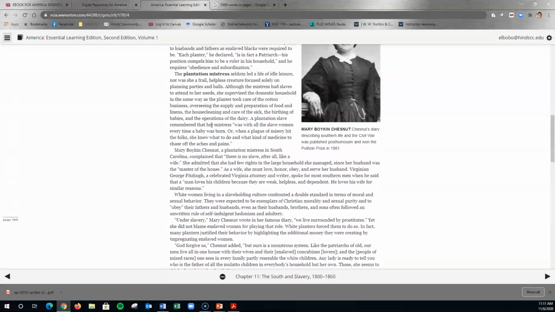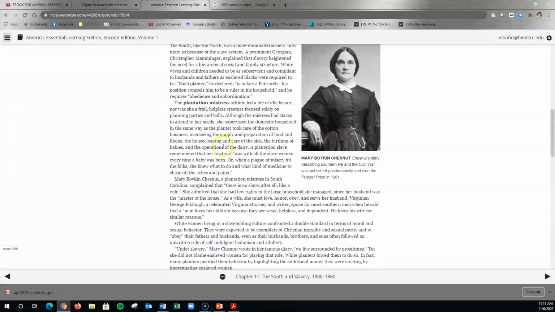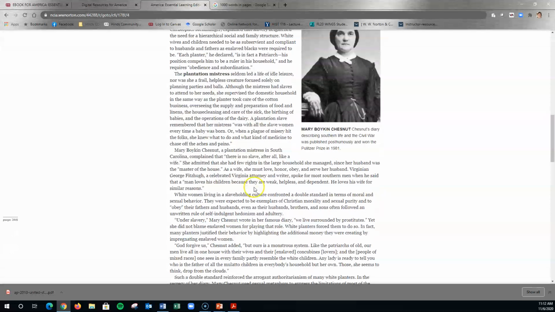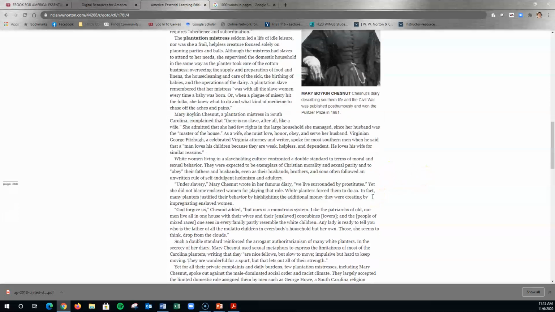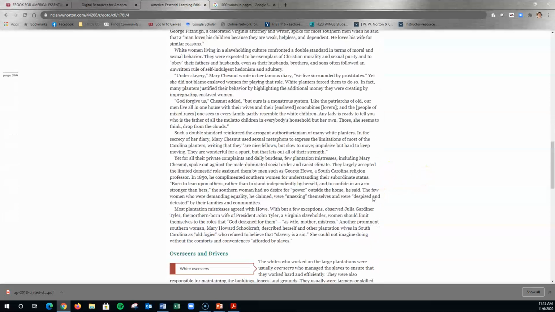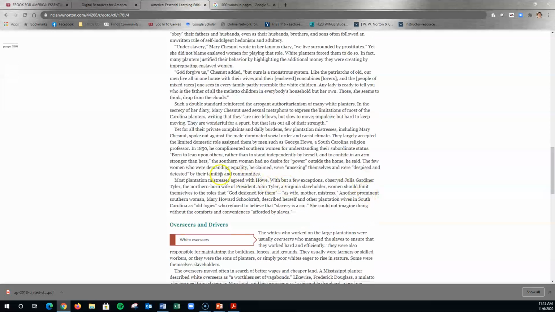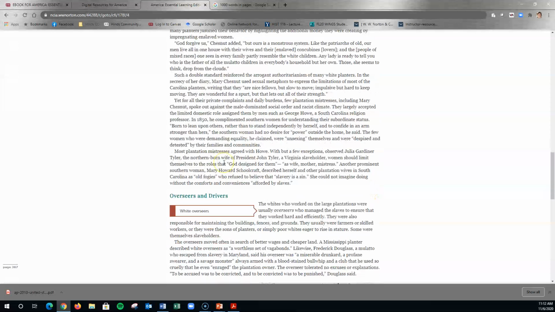But unfortunately, many plantation mistresses, like Mary Boykin Chestnut and others, were caught up in a system where they were almost enslaved by the society that had been developed. You can read about her, for example, and how she admits that she doesn't have any rights, that she had to love, honor, and obey and serve her husband, and how they were bound up in a system that took away some of their freedom as well.